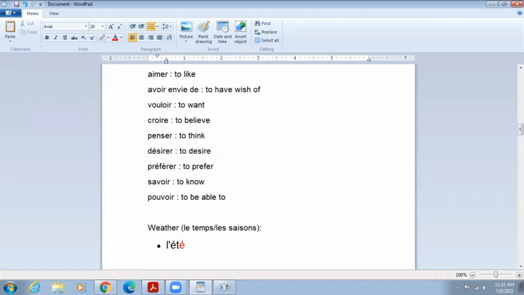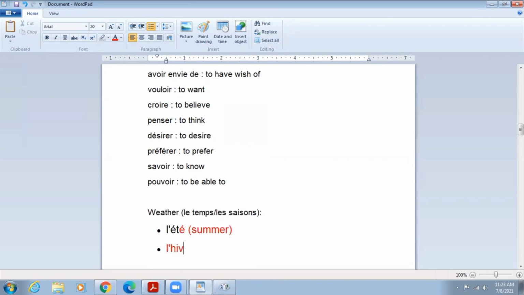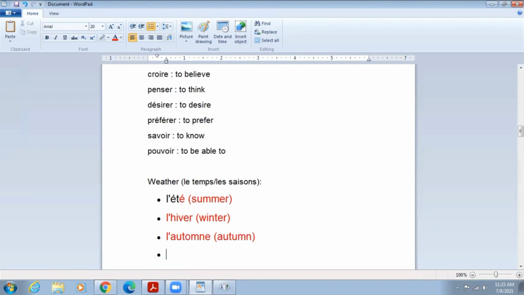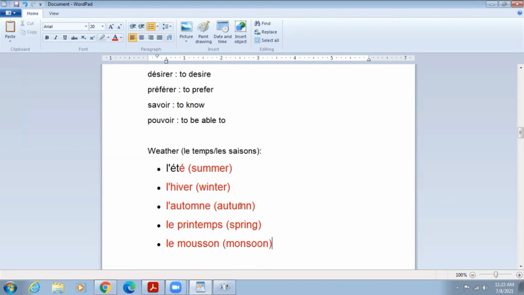L'été, summer. L'hiver, winter. L'automne, autumn. Le printemps, spring. Ouvrez votre portable ou votre ordinateur avec les livres. Il faut les lire. Il faut lire les livres. Il ne faut pas décorer. Il ne faut pas faire de la décoration. Il faut lire.